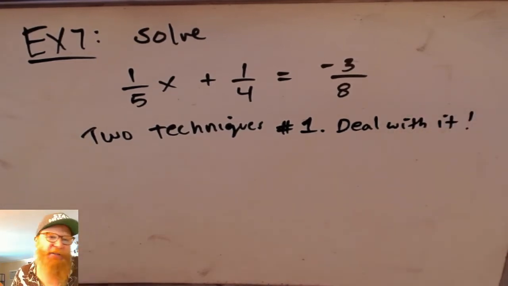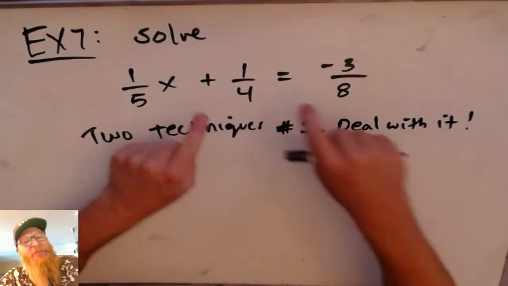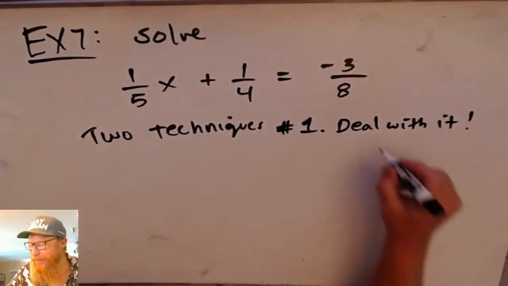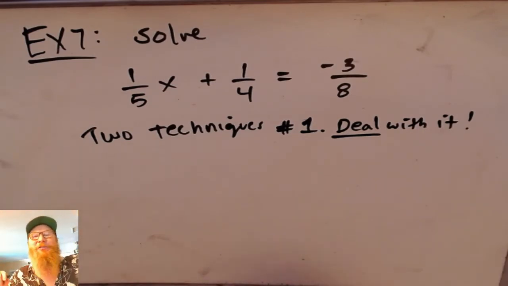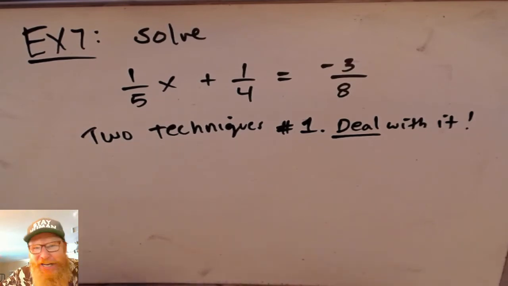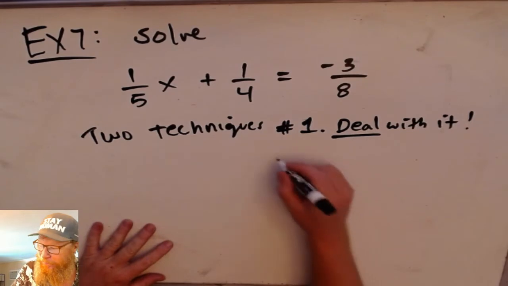That's a slang term for dealing with the fractions. And when I say deal, I mean everything that we've ever learned about fractions: least common denominators, reciprocals, negatives. It's going to be messy, but you're just going to have to deal with it.